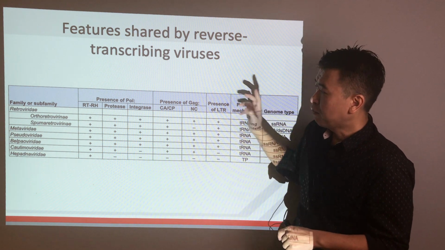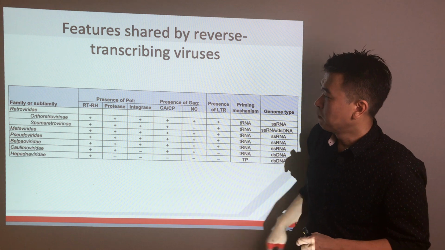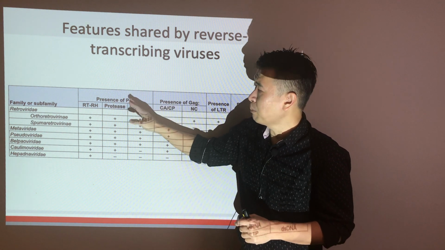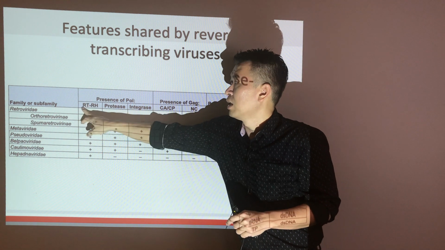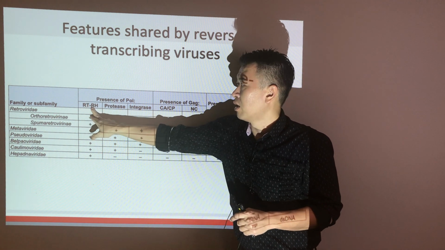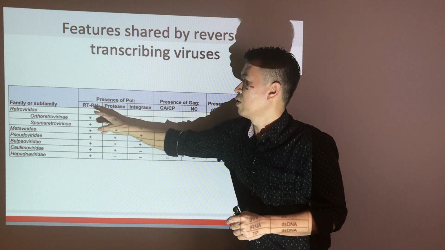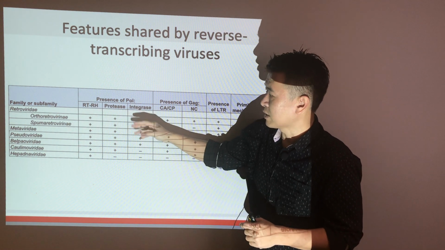All right, so if we look specifically at the individual viruses, we can see the presence of polymerase. In the polymerase gene, they code for reverse transcriptase, RNase H, protease, and integrase. So basically, they code for three or four genes in this case.